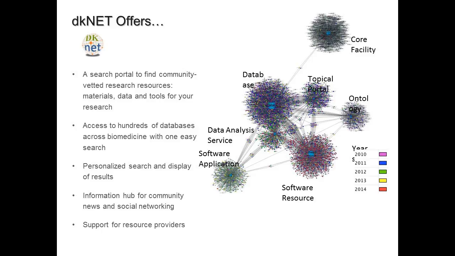In addition to the community resource view, there's a collection of hundreds of databases, information resources that are also accessible via dkNET. Many of these data resources may have been brought in via partner projects, but that information is available to dkNET as well. We provide personalized search and display of results within the portals, and I'll show you a little bit about that.